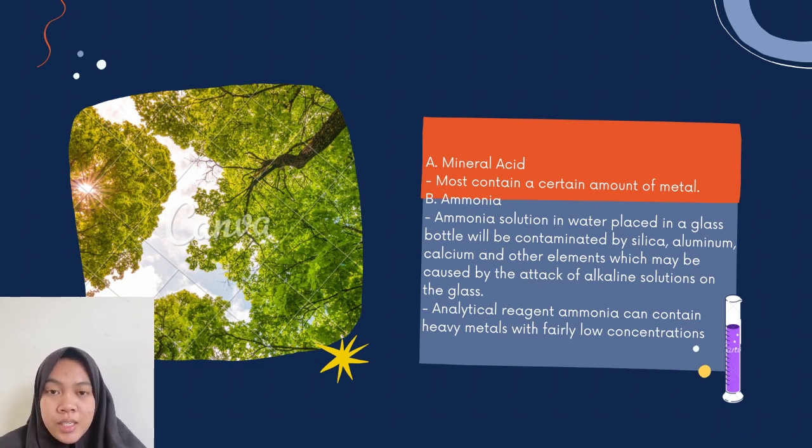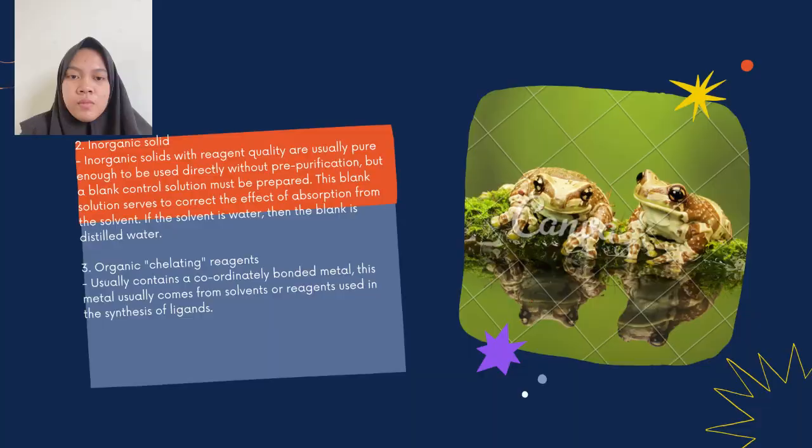Analytical reagent ammonia can contain heavy metals with fairly low concentration. This might be due to the absorption of the metal by the glass.